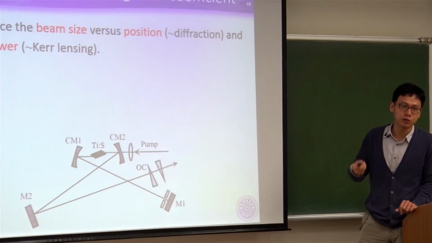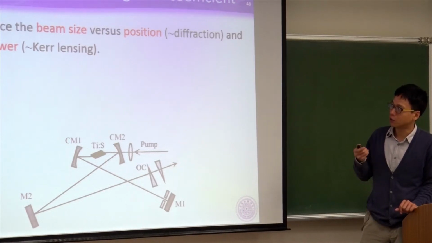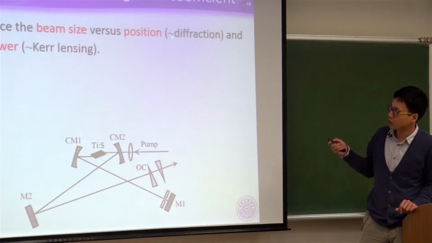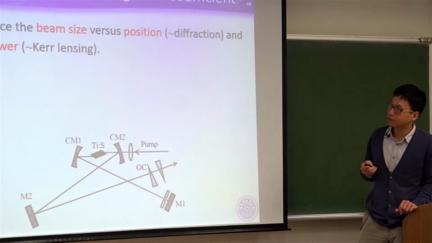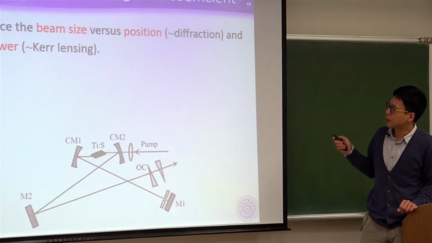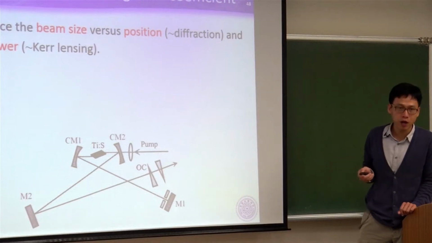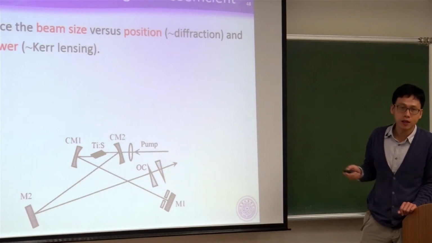And you have to include the change inside your analysis. So this is what you have to do. Beam size, say the beam radius W as a function of position Z, will change because of diffraction. In addition to that, you have to analyze the beam size as a function of power because of the Kerr lensing effect.